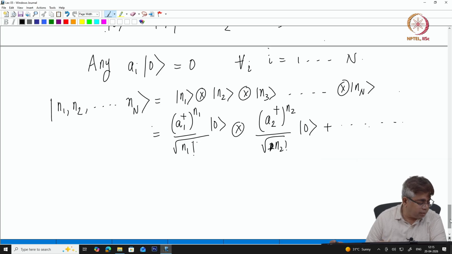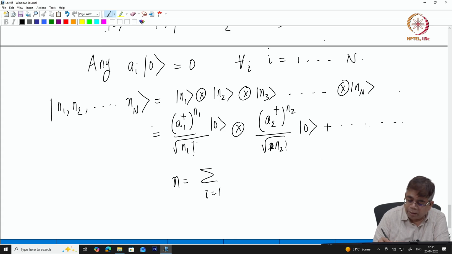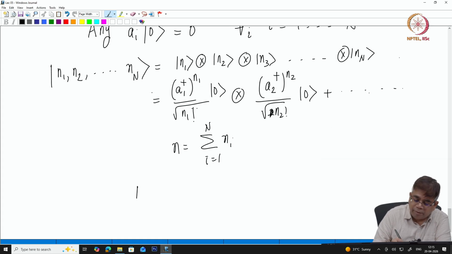This vector space is complicated, and the total n is equal to the sum over i equal to 1 to n of n_i. And I will write down one particular thing which is interesting.